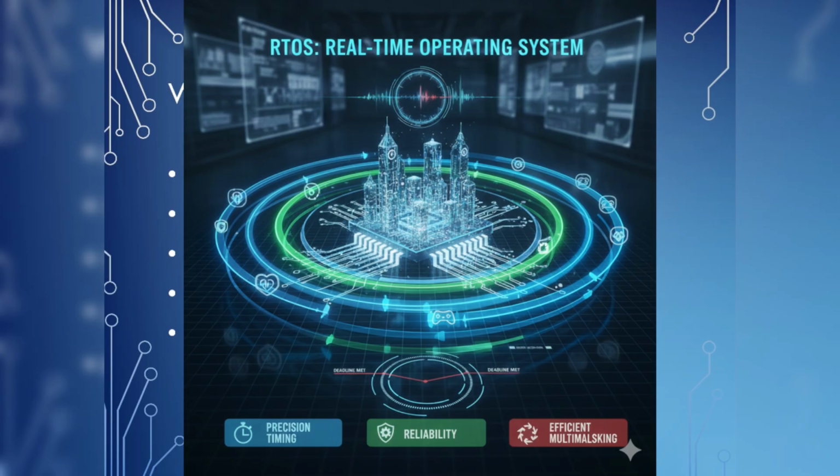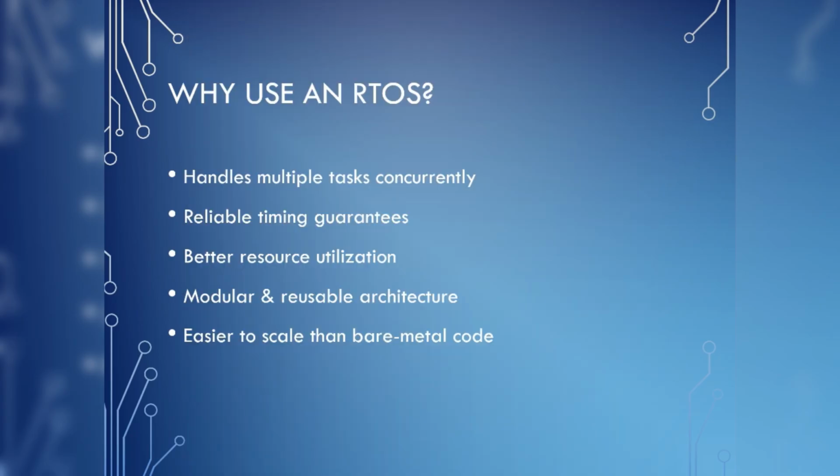It also gives you reliability and timing guarantees. Critical tasks get CPU time exactly when they need it, without hacks or timer jiggling. And with an RTOS, your code becomes more structured and reusable. That means easier scaling, cleaner maintenance, and smoother porting across different hardware platforms.